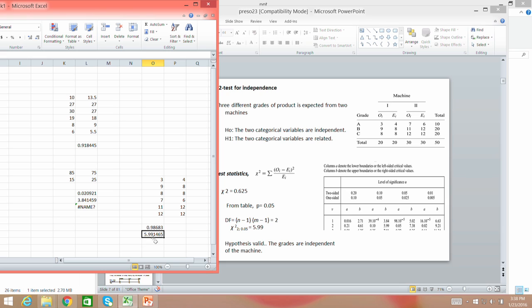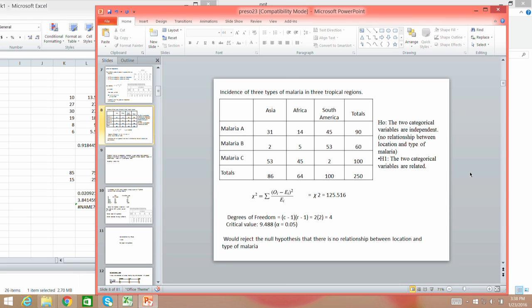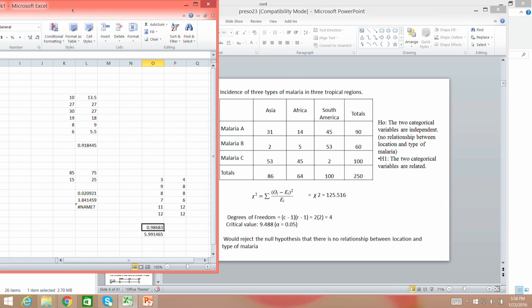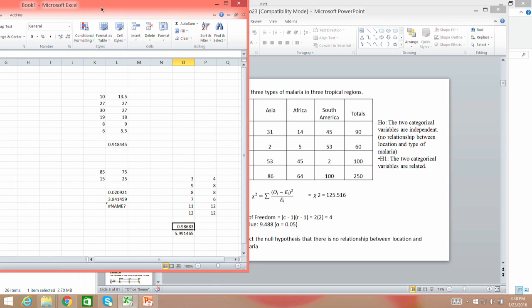So the chi inverse gives you exactly like your table, it gives you the chi-square value, that is the critical value, whereas the chi test gives you the probability for your problem, given the observed and the expected. Okay, now let us look at this problem also and see whether we can do it using Excel.